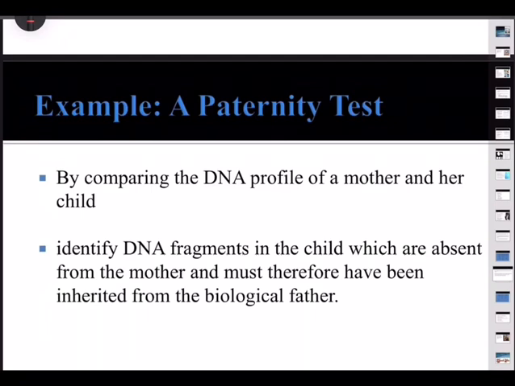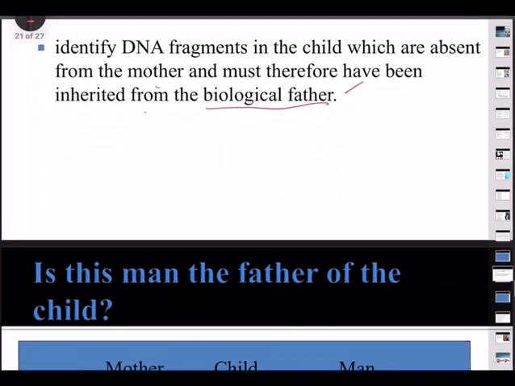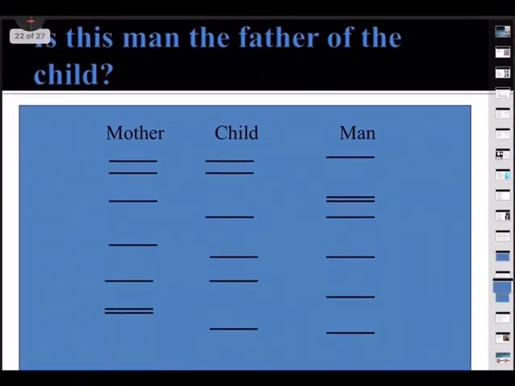So if the person and the one whom he is claiming to be either mother or father, if the DNA matches, then only there can be. So by comparing the DNA profiles of a mother and her child, identify DNA fragments in the child which are absent from the mother and must therefore have been inherited from the biological father. This is how we come to a conclusion. Is this man the father of the child?